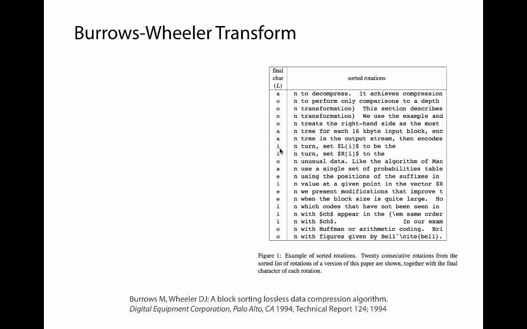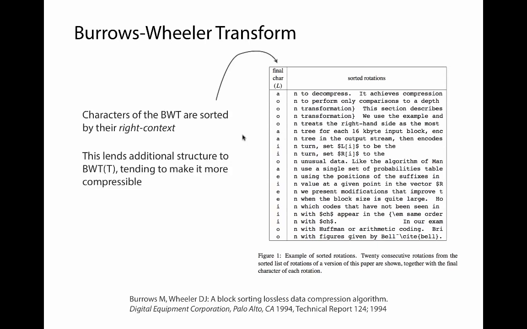And in this particular example, because it's English, it's even more interesting. We can see that before N's, we tend to see vowels, right? The thing that we see before the character N tends to be a vowel. And that's why we see nothing but vowels here in this part of the Burrows-Wheeler transform of T. So another way of saying what the BWT does is that it sorts the characters of T by their right context, by the text that comes right after them in the string T.